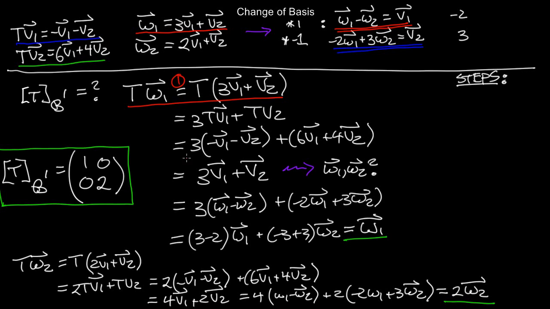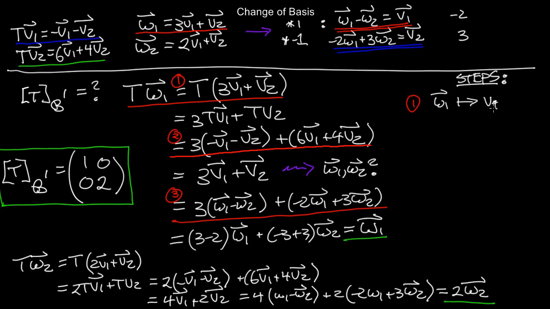Okay, so that's what I did here. And then the last step was I went, after regrouping, I went back and converted the V's back to the W's. And that was step 3. And all of the other steps are just sort of rearrangements. And notice that step 1 had to do with writing W1 in terms of V1 and V2.